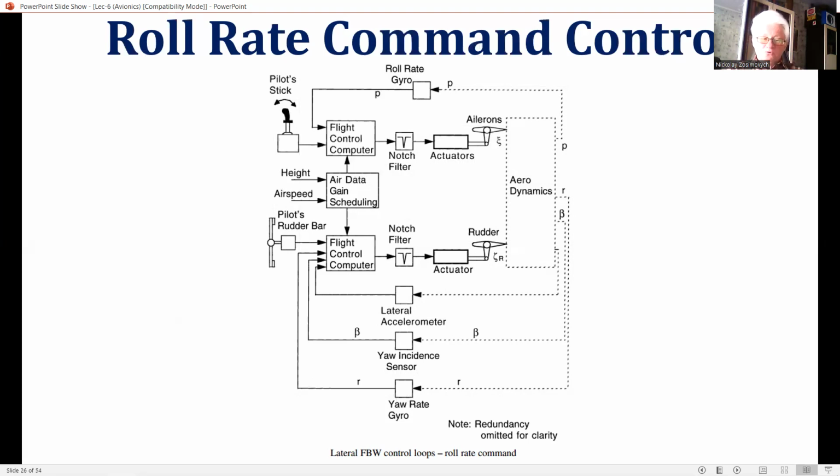Other terms can include yaw incidence angle beta from a yaw incidence sensor, and lateral acceleration from a lateral accelerometer. As in the pitch rate command loop, air data gain scheduling is used to adjust the gearings or gains of the control terms. Derivative and integral terms may also be used. Notch filters are also used to attenuate the loop gain at the structural resonance frequencies.